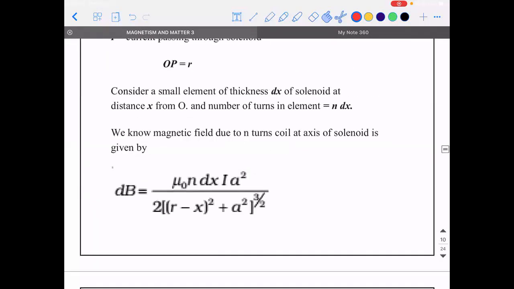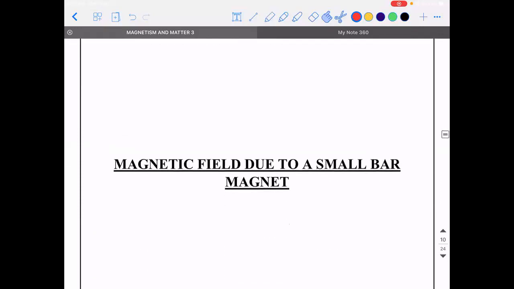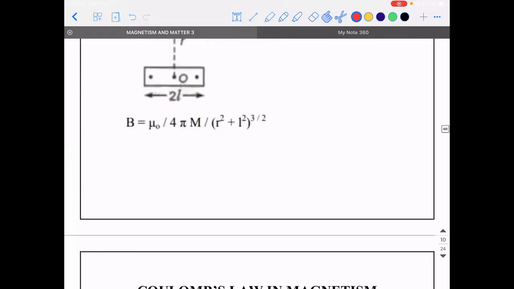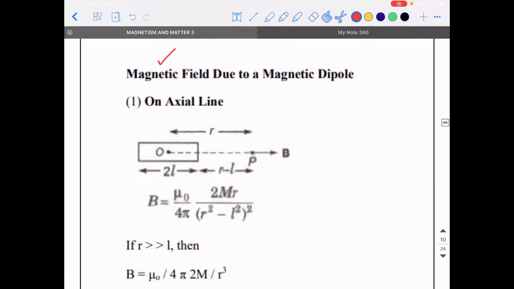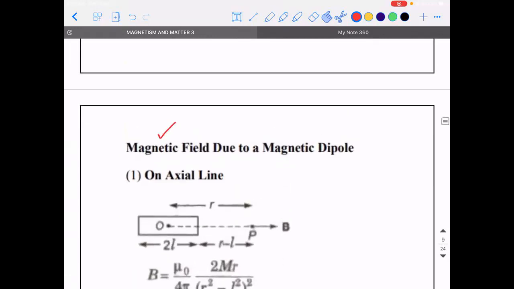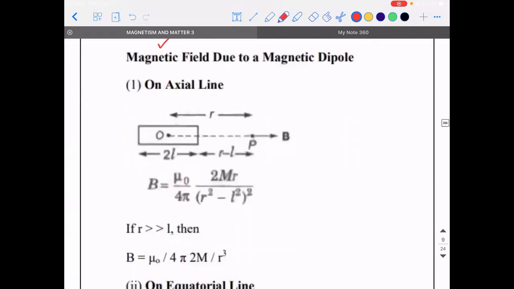Let's see how to do it. I'm just looking for some space. If you take a bar magnet, let's say it has a length of 2l. This bar magnet should be very small compared to the distance where you're trying to calculate the field.